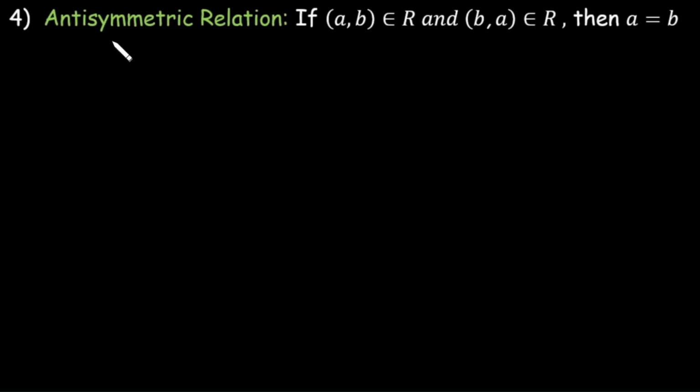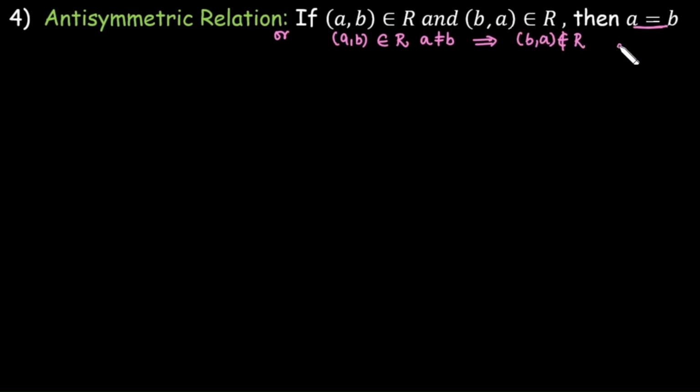On the other hand, in case of antisymmetric, if the ordered pair (A, B) is a part of the relation as well as the ordered pair (B, A) is a part of the relation, then both are the same. Or we can say that if (A, B) is a part of a relation where A is not equal to B, then the reverse should not be there.